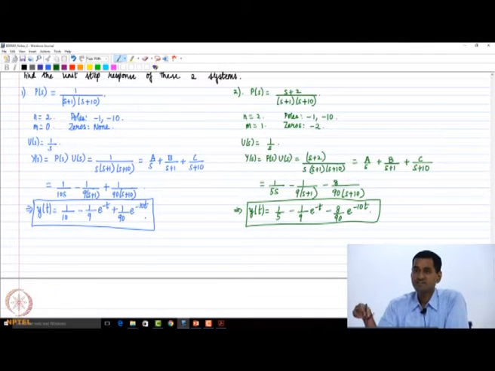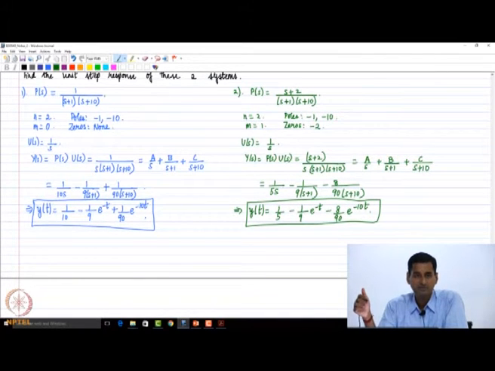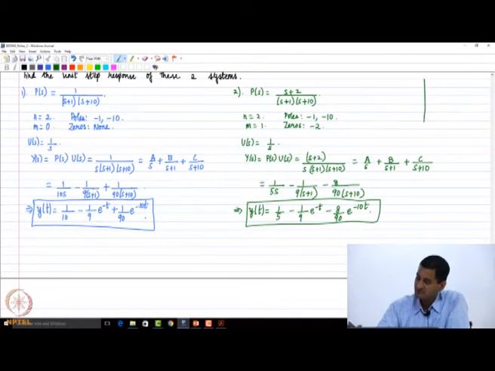First of all, the steady state value has changed. What was 1 by 10 became 1 by 5 now. That's one effect. And then the coefficients of the e power minus t term and the e power minus 10t term have changed. That's also another impact, due to the zero. Let's see what the relative impact is.